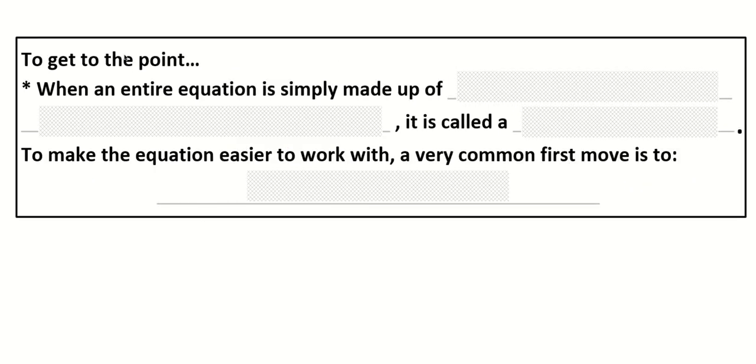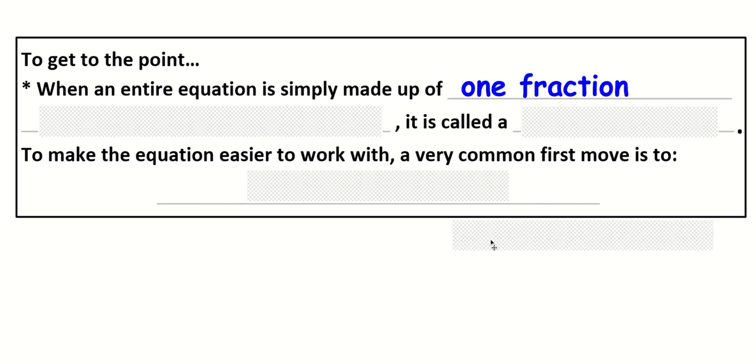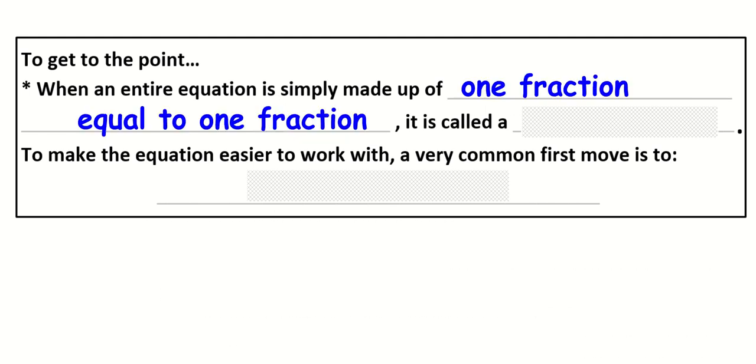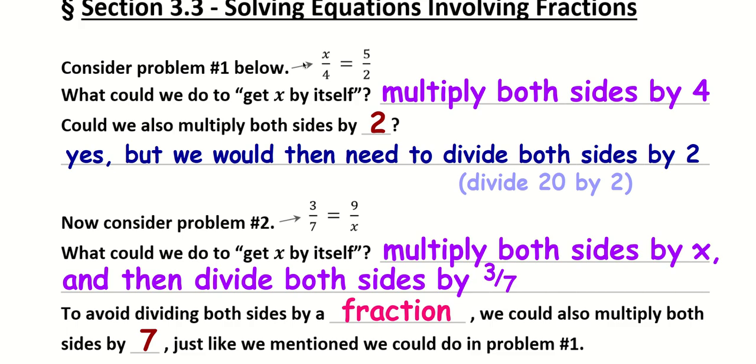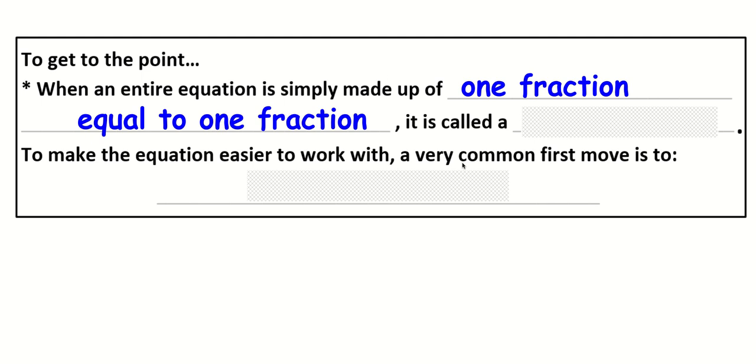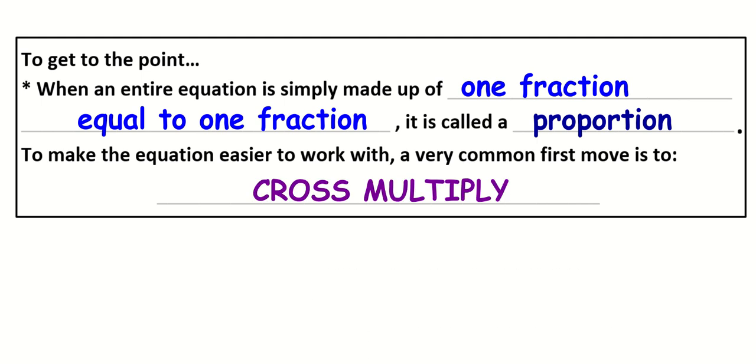Yeah. To get to the point, when an entire equation is simply made up of one fraction equal to one fraction, we call it a proportion. And to make the equation easier to work with, a very common first move is to cross multiply.